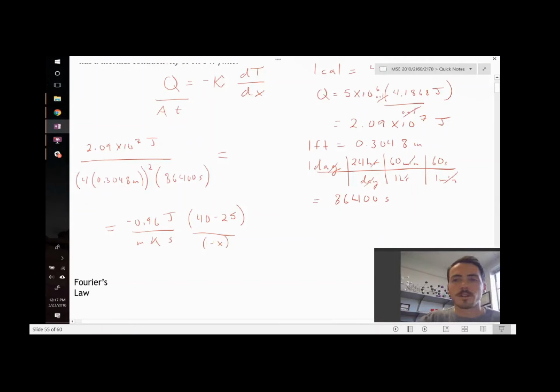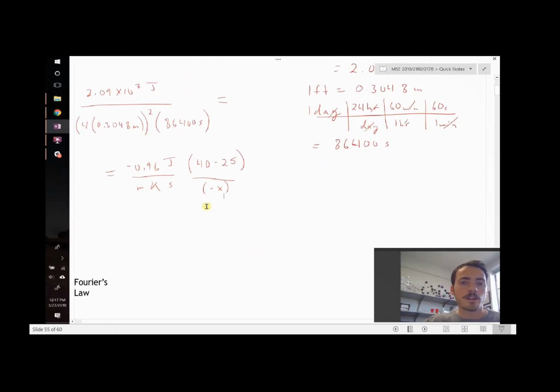Since we're saying that heat is flowing down the temperature gradient, that's why we have the negative sign in front of the thermal conductivity here, and that's why you end up with a negative x here for the thickness. So when we go ahead and simplify things, the left-hand side of our equation simplifies down to 163 joules per meter squared per second.